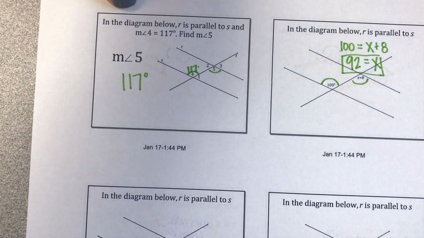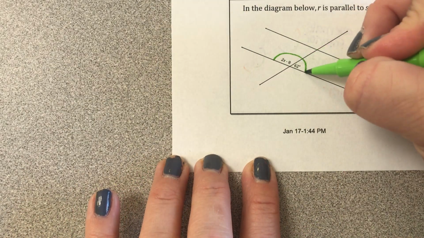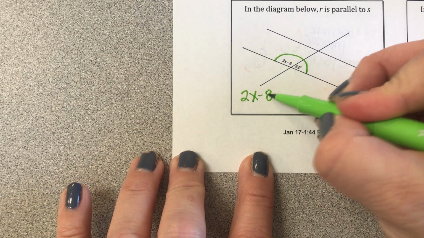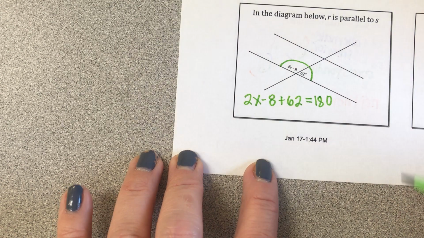And then down here, let's look at these two together. So this is kind of like what we did yesterday. If I put these two angles together, it makes 180 degrees. So 2x minus 8 plus the 62-degree angle is 180.